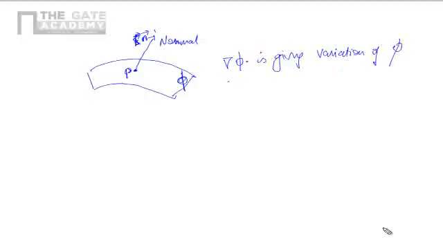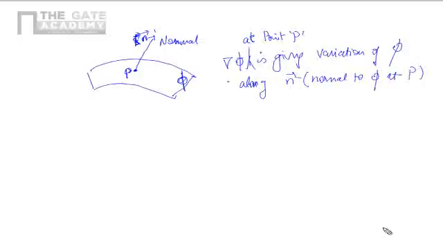Or rather, del phi at point P is giving variation of phi along the n vector. What is the n vector? Normal to phi at P. See, I am evaluating del phi at point P. So at point P, the n vector is the normal vector.